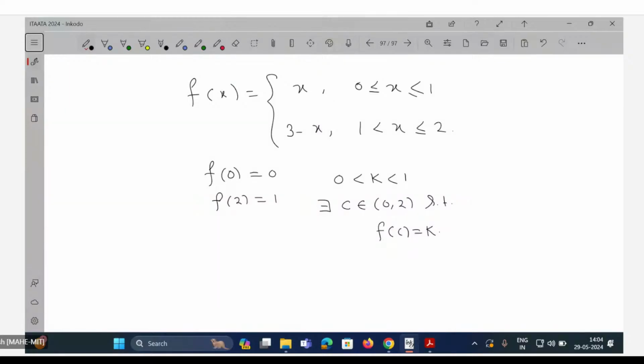But this function does not have the intermediate value property. The way we define the intermediate value property, this function does not have it. What is the intermediate value property?